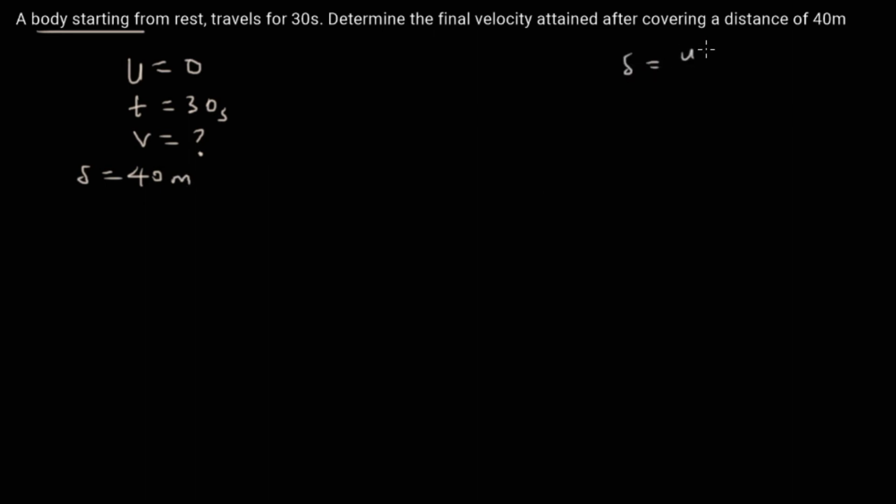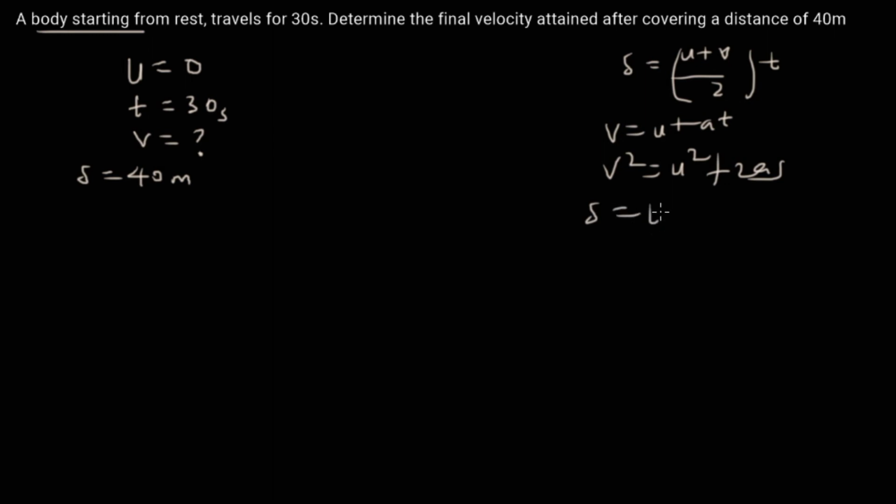s equals u plus v upon 2, then t; v equals u plus at; v squared equals u squared plus 2as; s equals ut plus half at squared. Now notice that we want to find the final velocity attained.